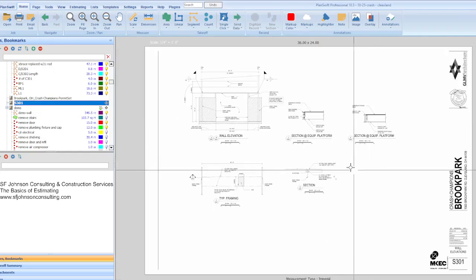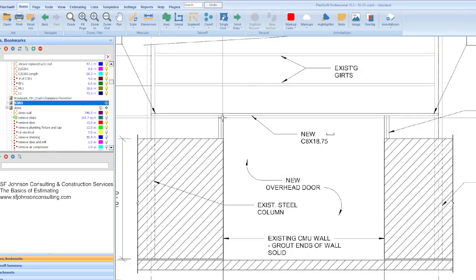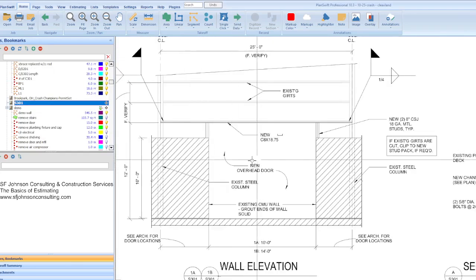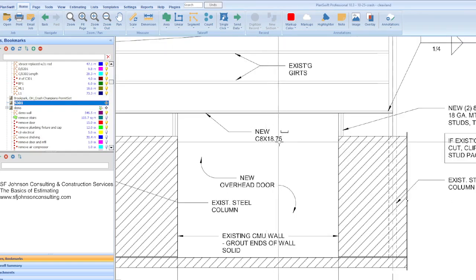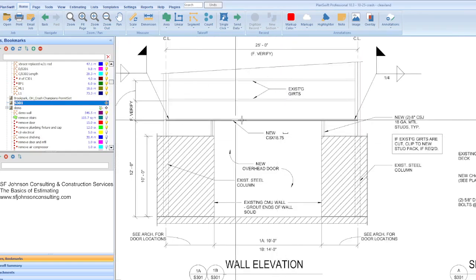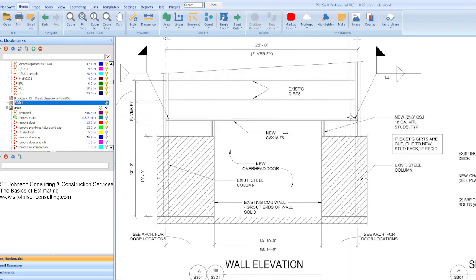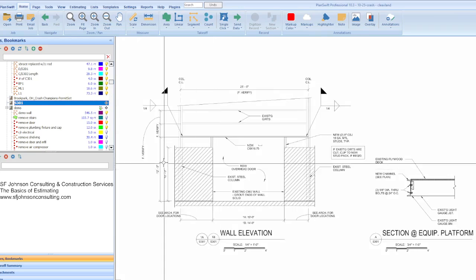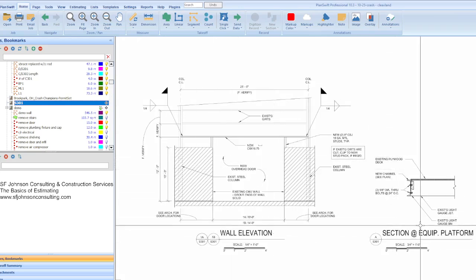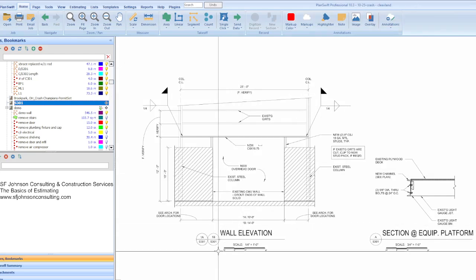Okay, and this is our new wall elevation. This is our 18.75. Basically, we're making an opening for a new overhead door. So we had to have that beam. So that's the elevation view of that. We have the plan view, so we only see it from here, right?